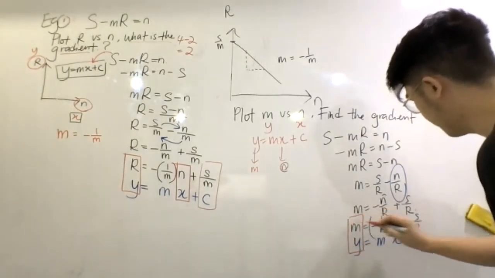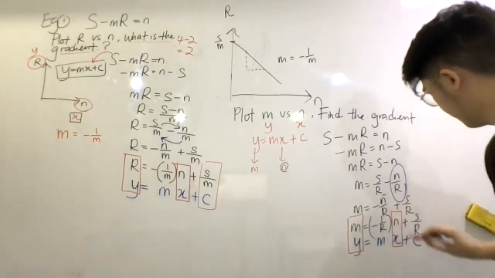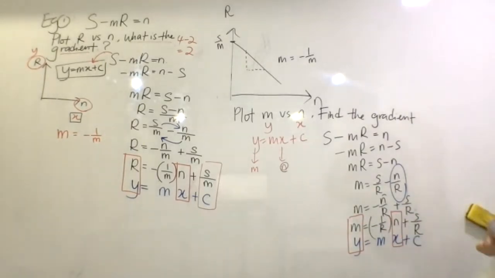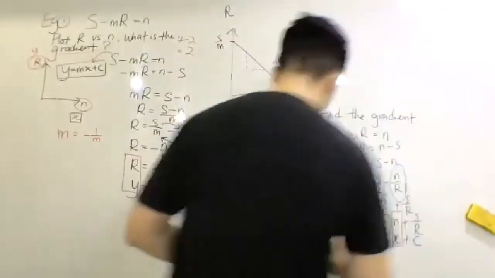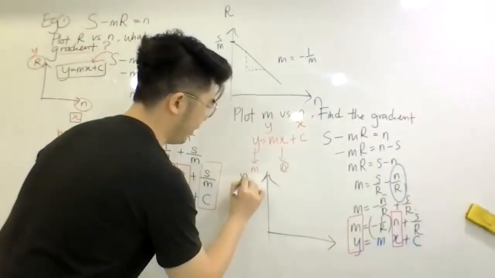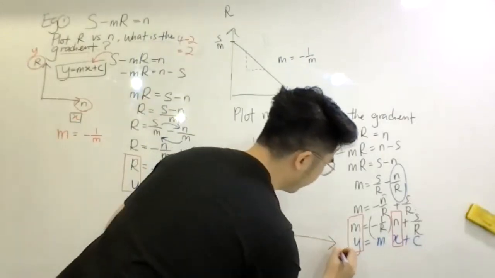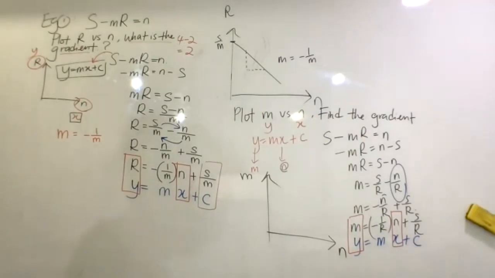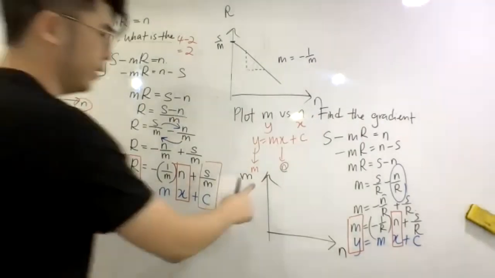Y is my m. X is my n. C is my s over r. This is my gradient. So if I plot a graph m against n, what do I get? A straight line graph.